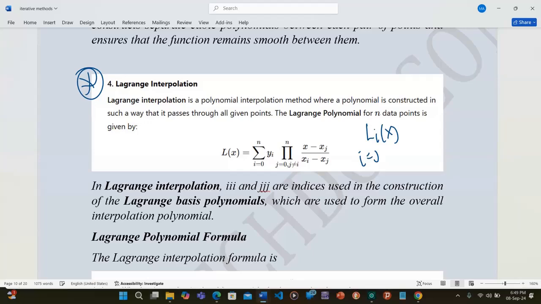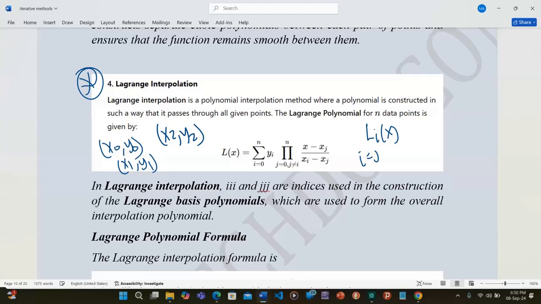Like if I have x0, y0, x1, y1, and x2, y2, the indices are i equal to 0 for the first, i equal to 1 for the second, and i equal to 2 for the third. Then j takes all values: j equal to 0, j equal to 1, j equal to 2.